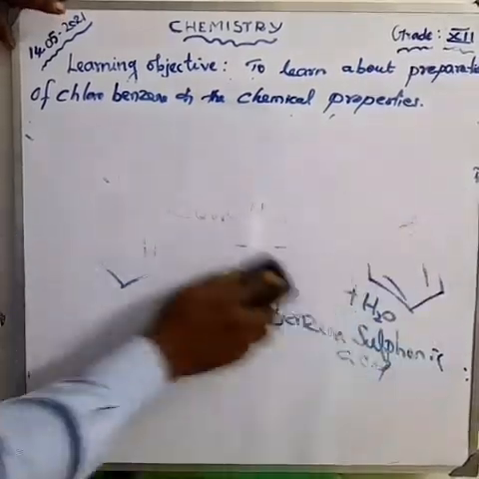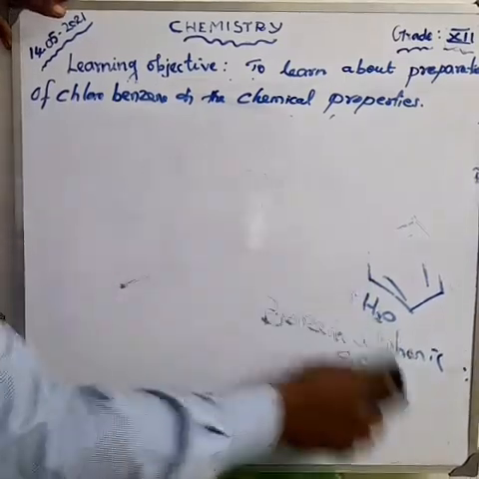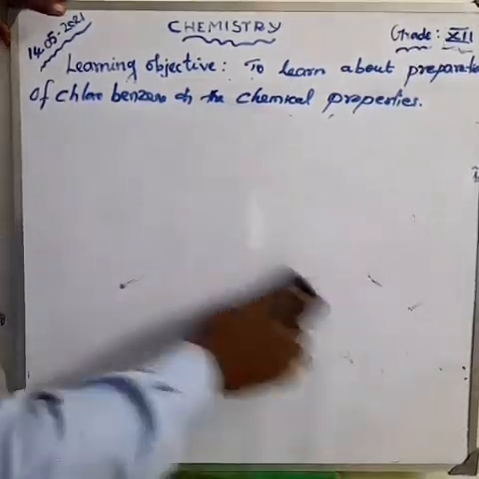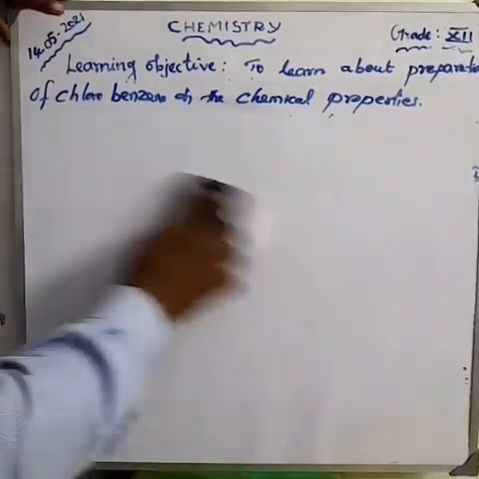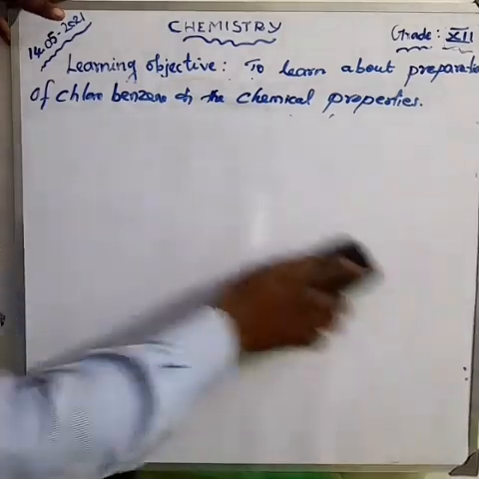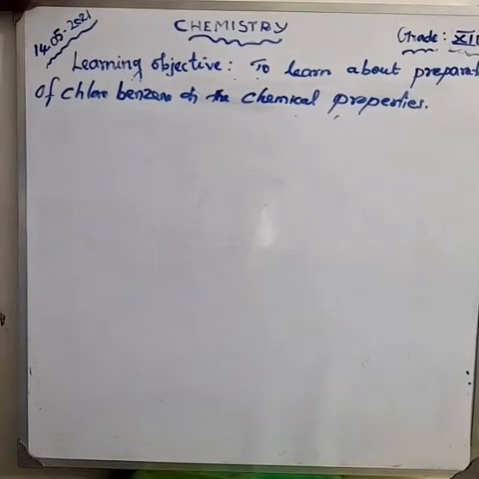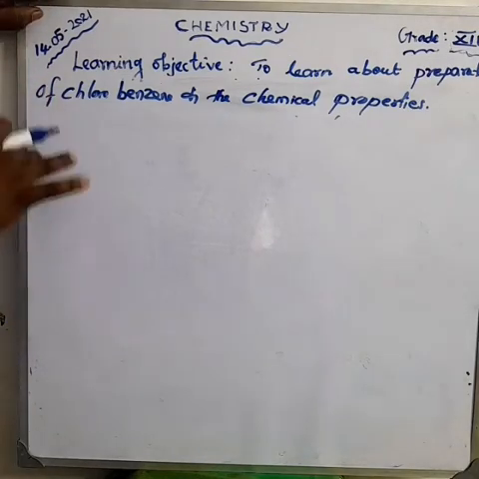Benzene reacts with methyl chloride. Because the question is methylation, benzene reacts with methyl chloride in the presence of anhydrous aluminum chloride. We get a new compound. Just wait. Before that, what is the naming reaction?